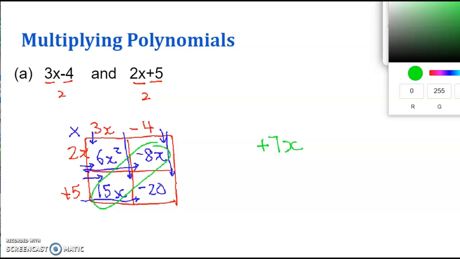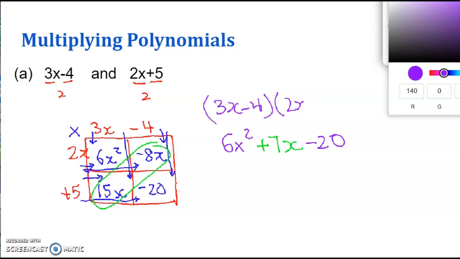So far we have 6x squared plus 7x minus 20. We multiplied the length, 3x minus 4, by 2x plus 5, and that is the final answer.